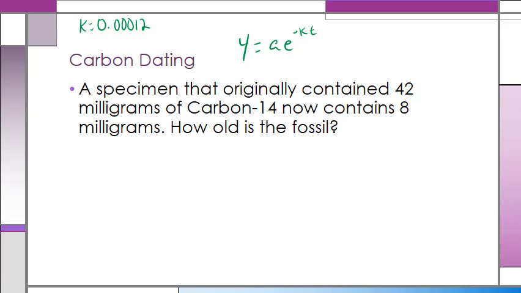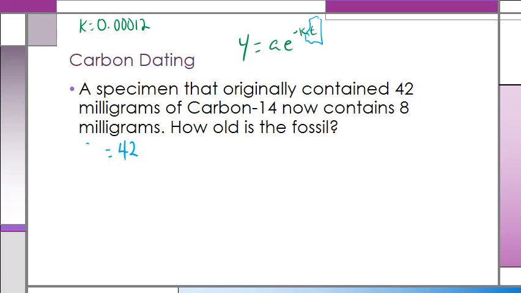Now, let's look at our problem here. A specimen that originally contained 42 milligrams of carbon 14 now contains 8 milligrams. How old is the fossil? So we're going to be trying to solve for this T, time, in this case. But let's set up our equation. A is 42, that's what we were given, originally contained. A is the initial value.